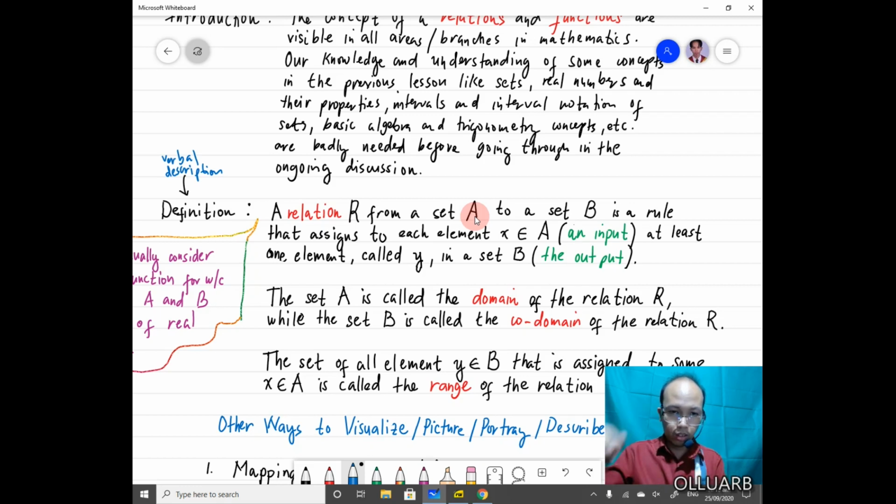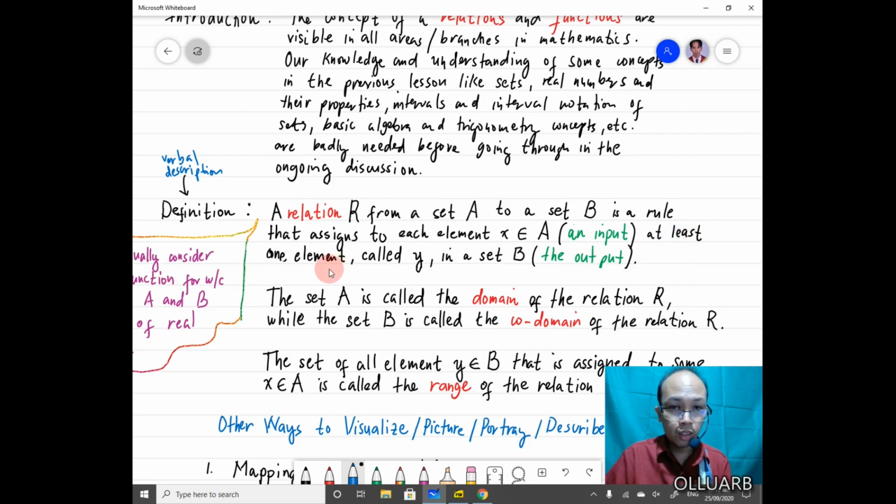girl 1, girl 2, girl 3, girl 4. So for example, this judge number one, maybe he chooses contestant number one, or girl one, and girl three, or girl seven. He chooses three because it says here at least one element.